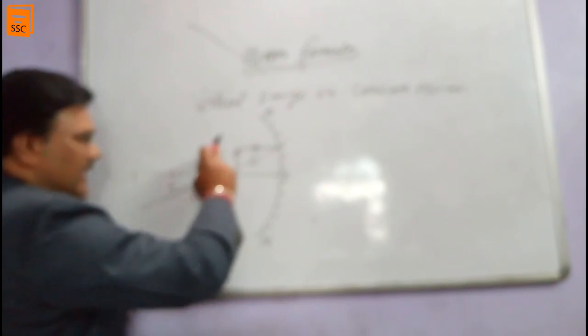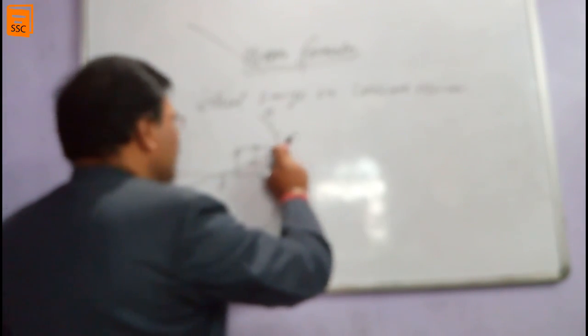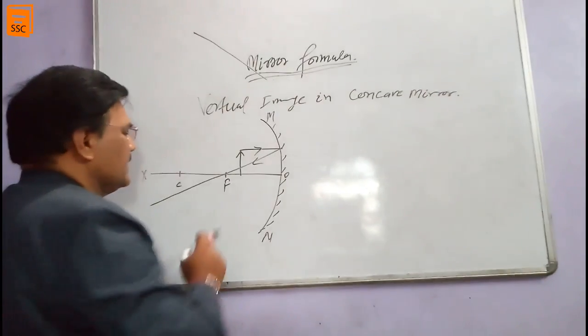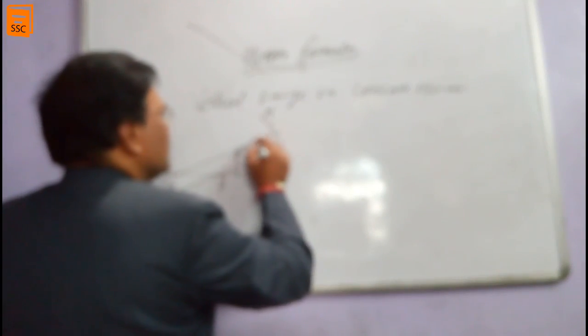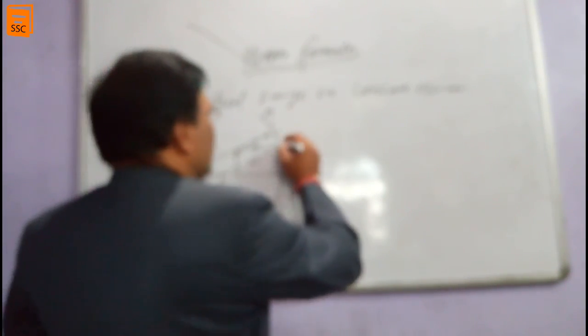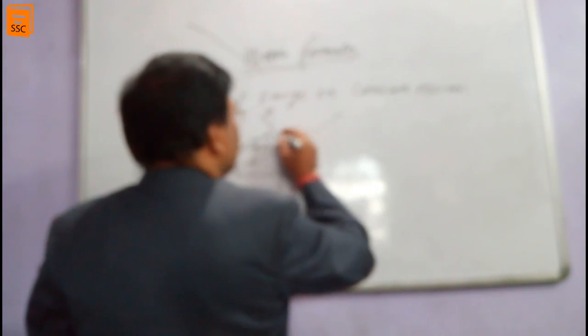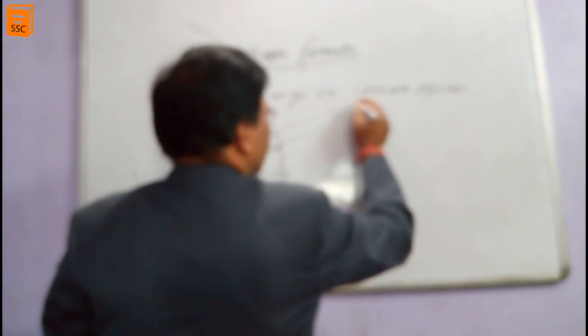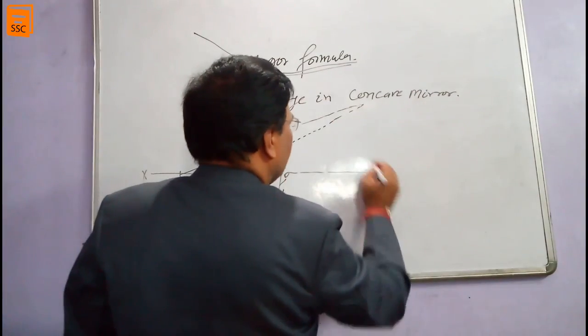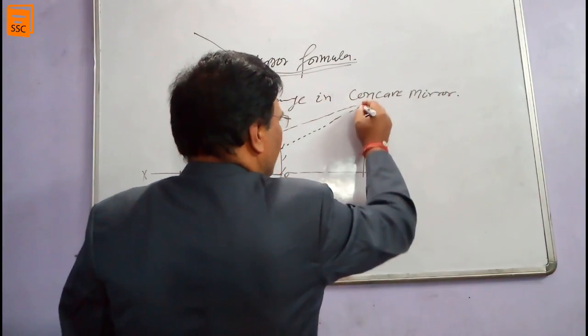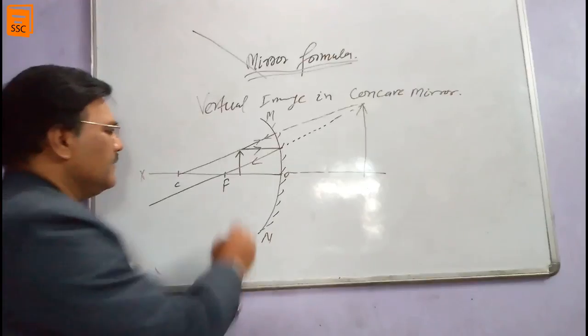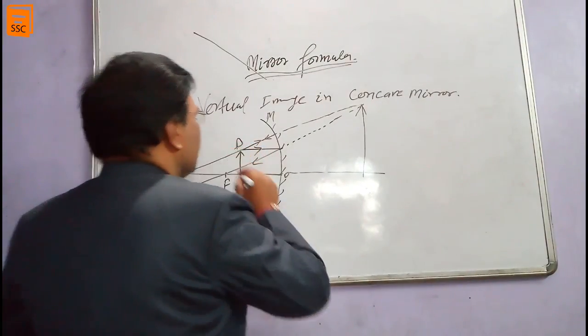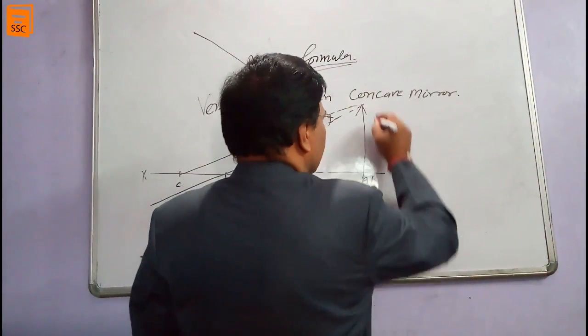The second ray is considered to be incident from C, so it behaves normally. If you produce them backside, they intersect at a point, and if you draw a perpendicular, you will find the image. AB is the object and A dash B dash is the image.